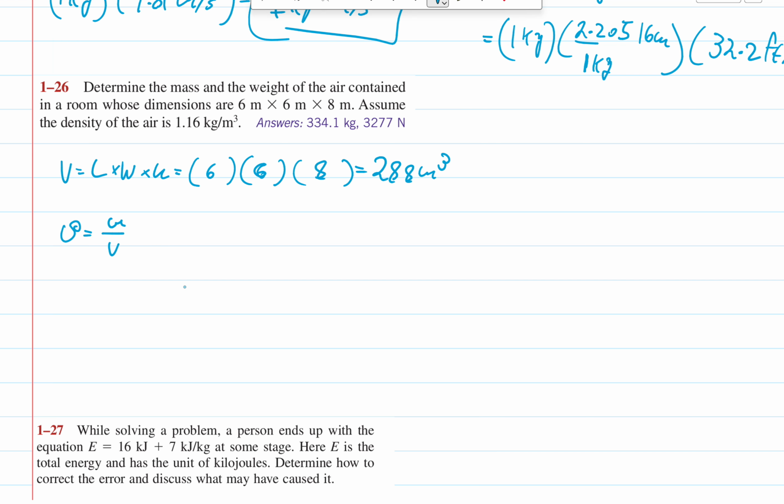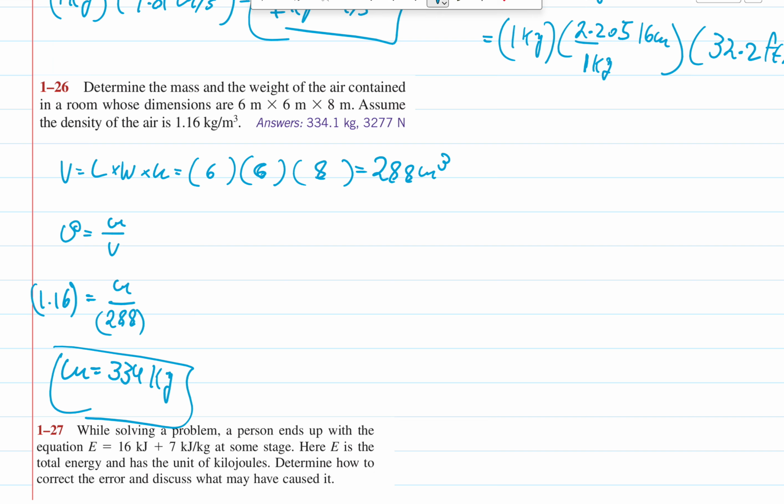We can just plug in the numbers here. 1.16, which is what's given, the mass, and what's the volume, 288, which is going to give us a mass of 334 kg.